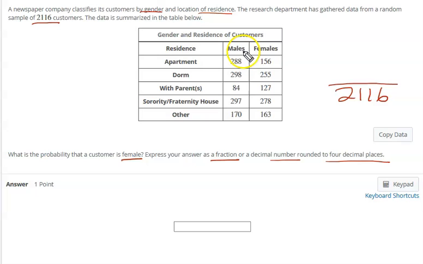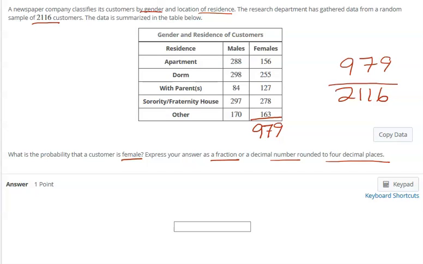Well, this one's pretty straightforward. I could have asked something a little bit more esoteric, but what we want to do is add up and see how many females there are out of our sample space. So take a moment, see what you get. So adding up the female column, I get 979. I did it twice. So 979 over our total sample space.